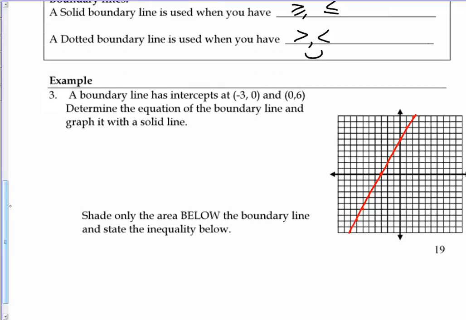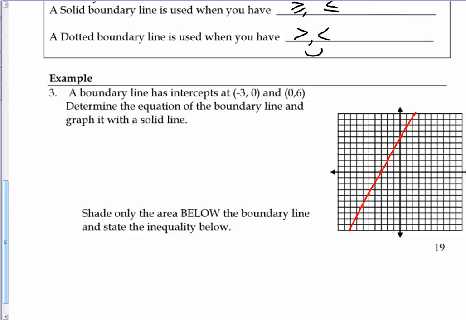So we're going to work backwards. We're going to come up with the inequality. What do you need to make an equation of a line? Slope. So we need to find slope, and we need to find y-intercept. So tell me what one of these is. Slope is 2.